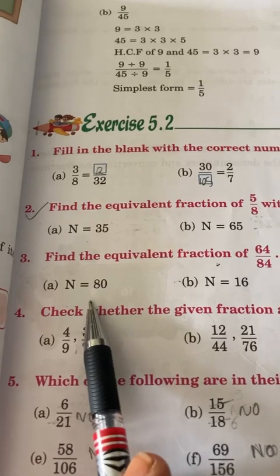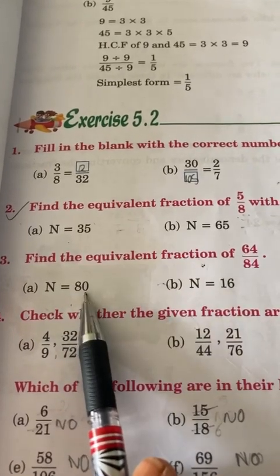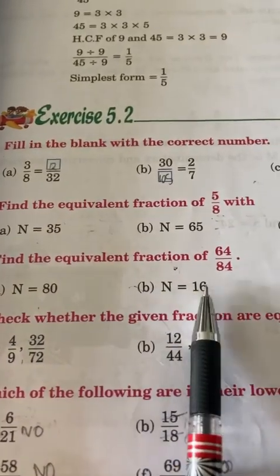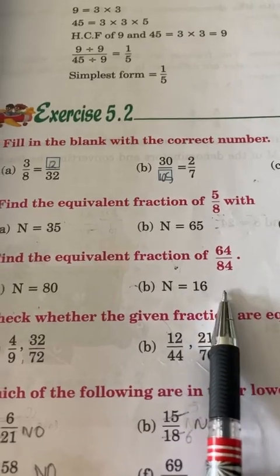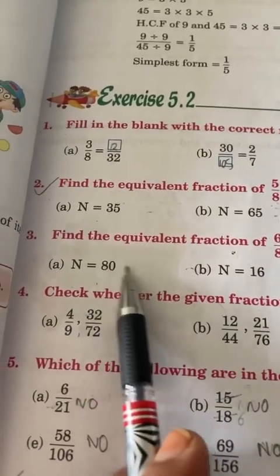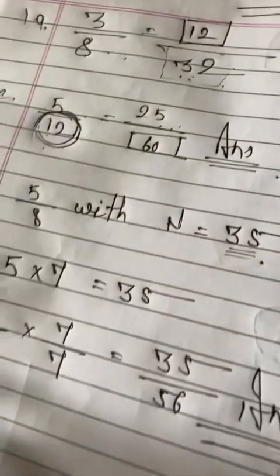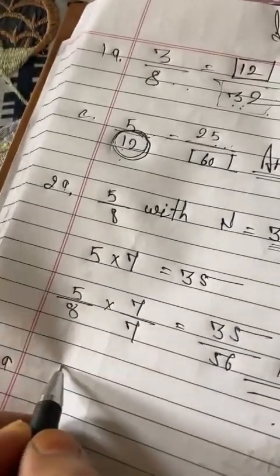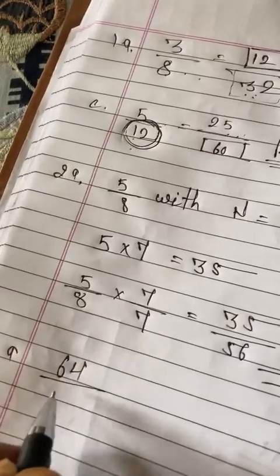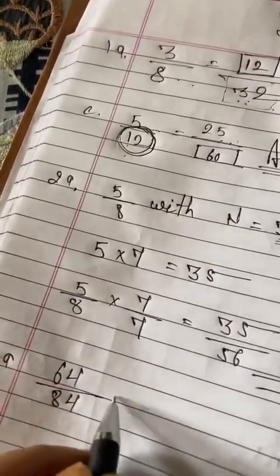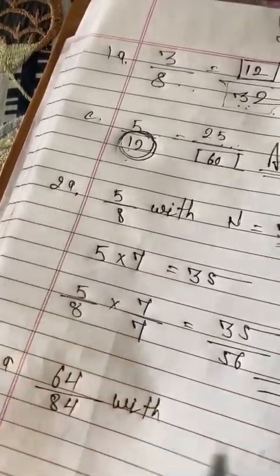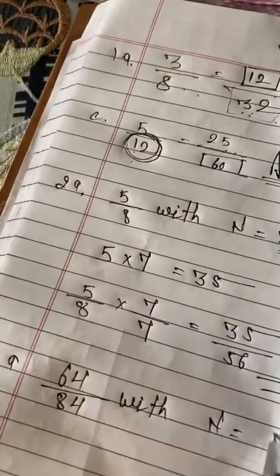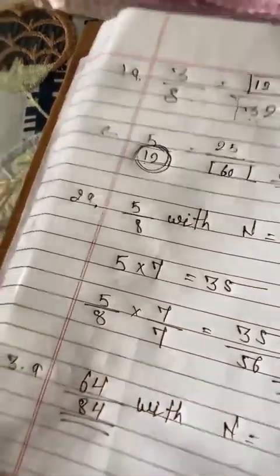Come to the next question. Find the equivalent fraction of 64 by 84 with the numerator 80. Question number 3A. How will we solve?